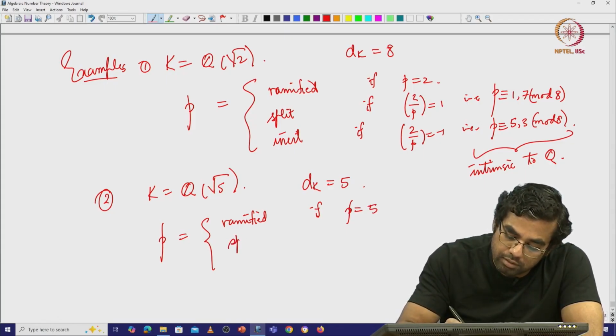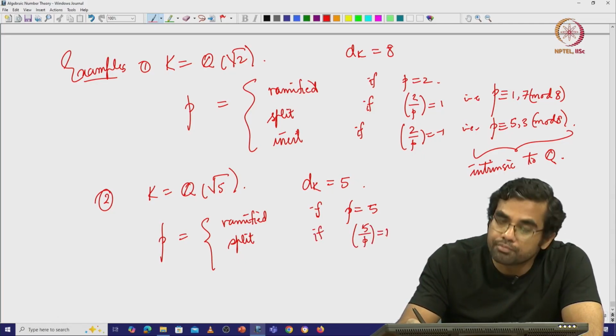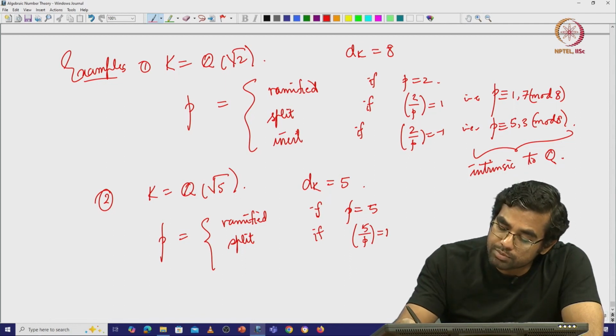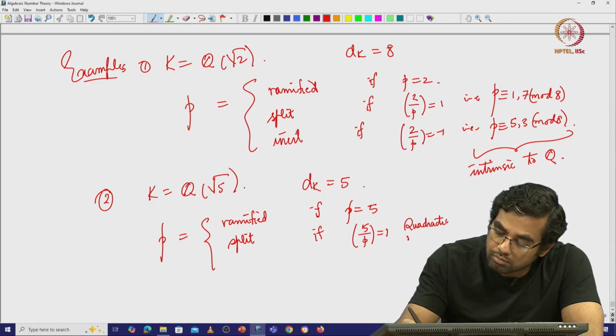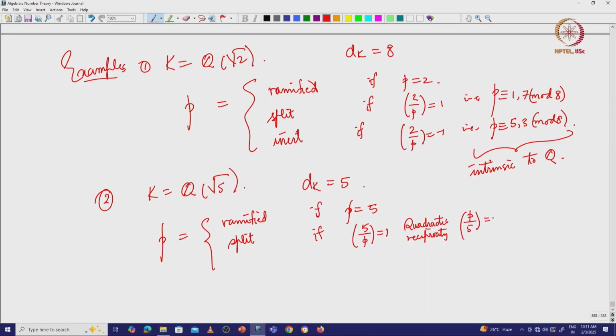It is split if (5/P) is 1, but you can use quadratic reciprocity, which gives (P/5) is 1 because 5 is 1 mod 4, and so P is congruent to 1 or 4 mod 5.